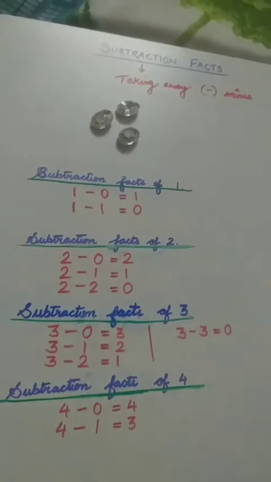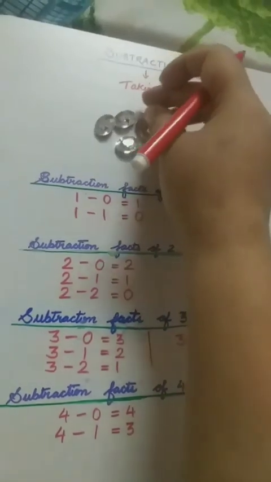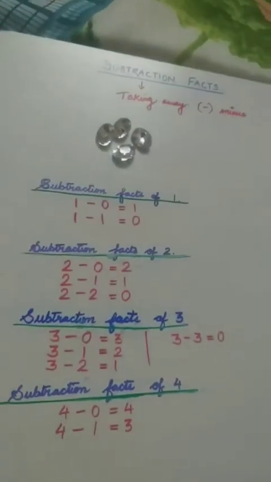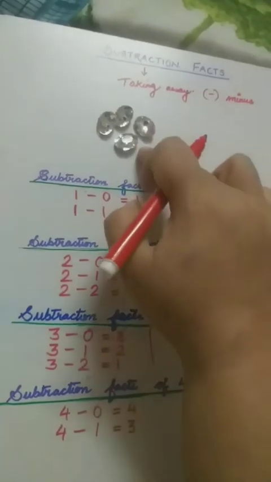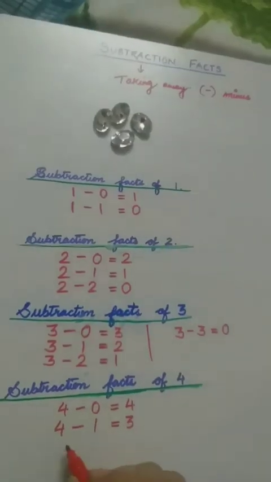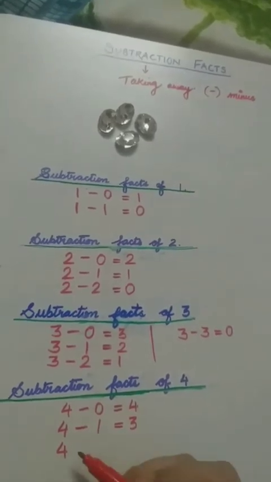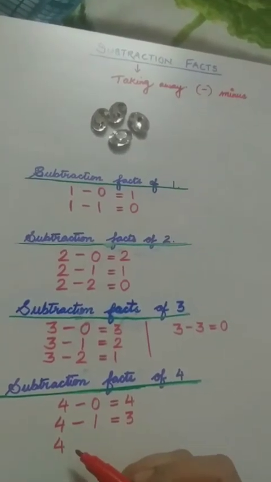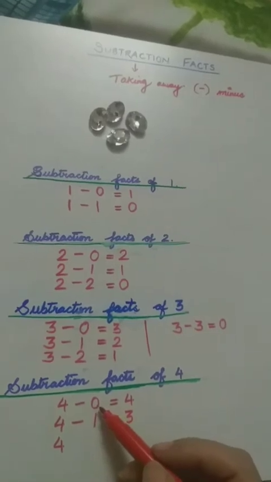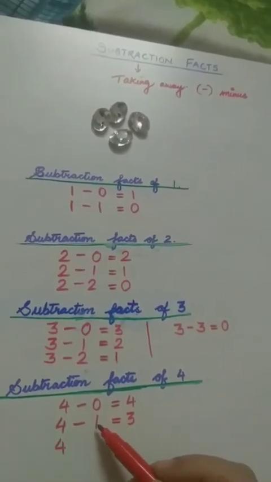Now let's move on to the next subtraction fact of 4. So for that again we need 4 buttons. So our first number will be 4. From this 4, first we have taken away nothing. Then we have taken away 1.